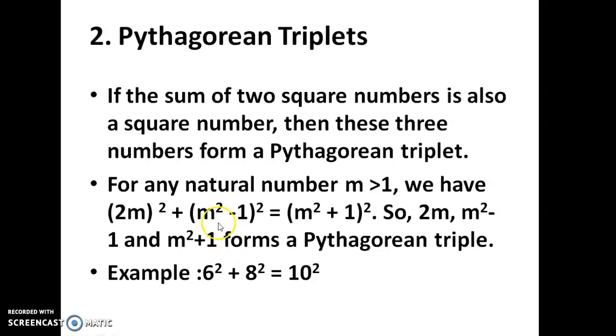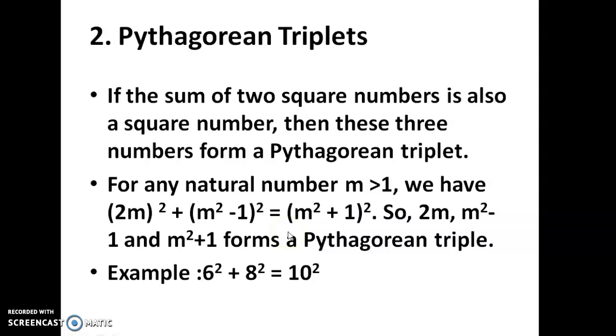So in general form, let's see. m is any natural number. We have 2m whole square plus m square minus 1 the whole square equal to m square plus 1 the whole square. If you want, you can check this number with this general form.